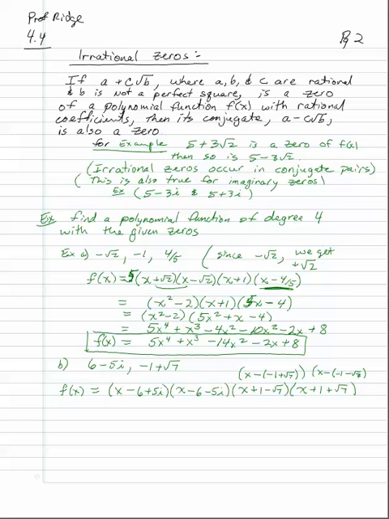Now, to do this, you got to think of the square of a binomial. If you remember, the square of a binomial is a squared plus 2ab plus b squared.